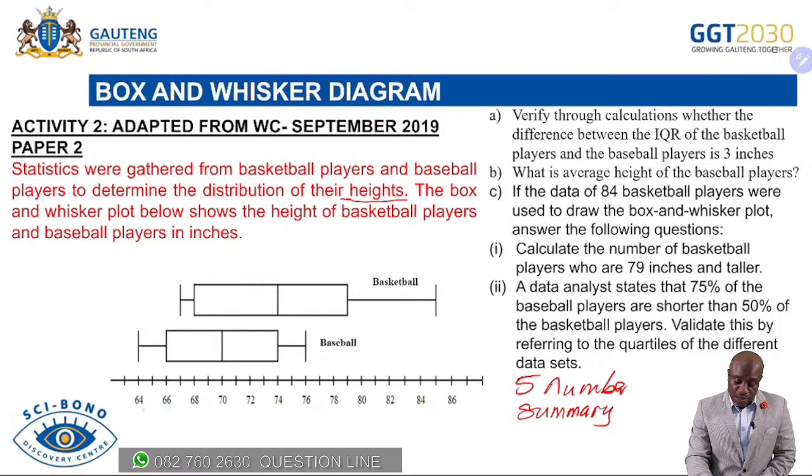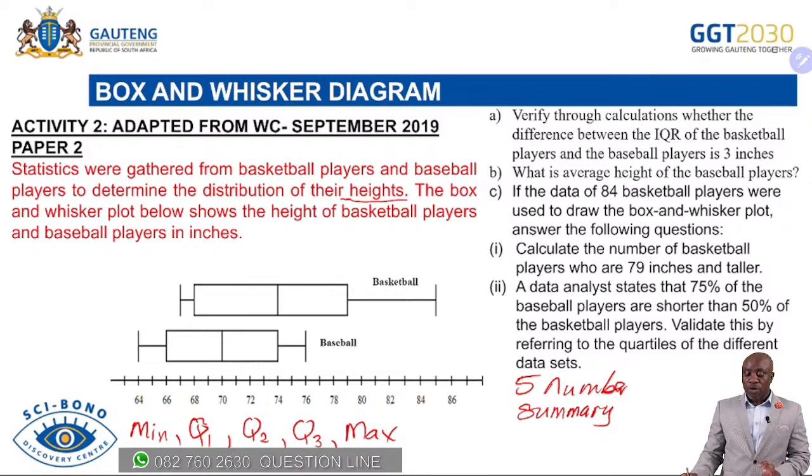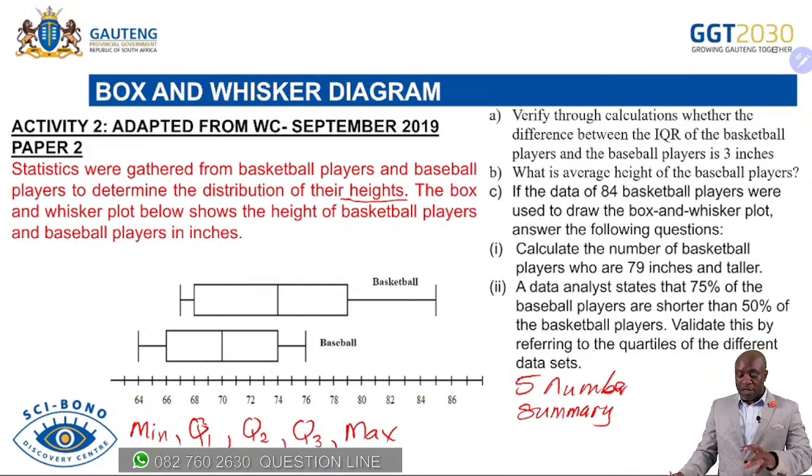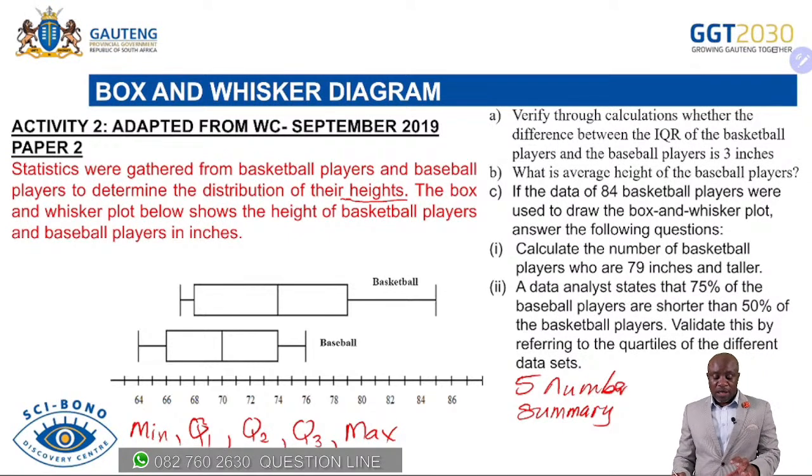We look at the minimum, Q1, which is the lower quartile, and Q2, which is the median. We look at Q3, and we look at the maximum. So what you get from your box and whisker are those 5 numbers. Remember, we're summarizing our data, but now we're displaying our summarized data using a graph.